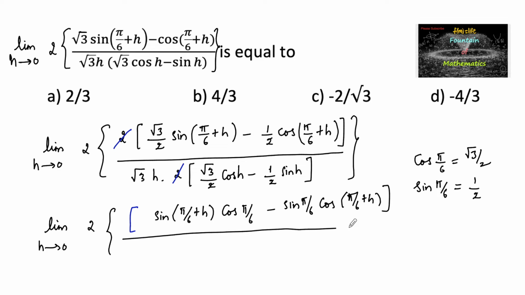In the denominator, root 3 h into, so root 3 by 2 we can write cos pi by 6 into cos h minus sin pi by 6 into sin h.